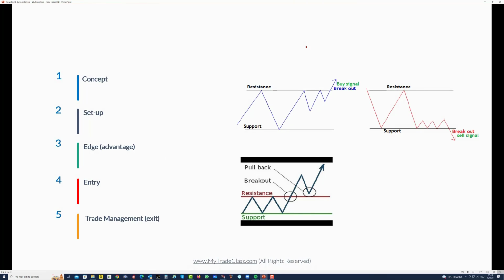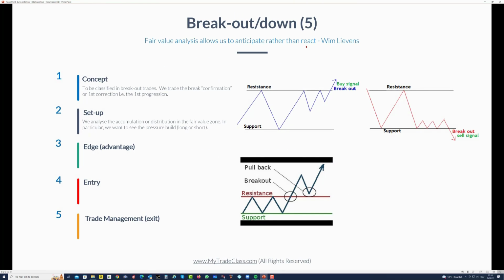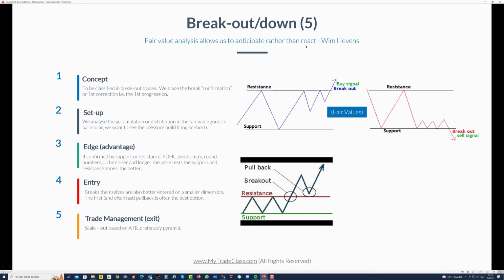Let's move to number 5, and this is one that I like to trade because it's a very good strategy, and it's also a very difficult one to trade, unfortunately. Why? Because if you would trade breakouts blindly, and you would be mentally very strong and take every breakout, I think you would probably make money.